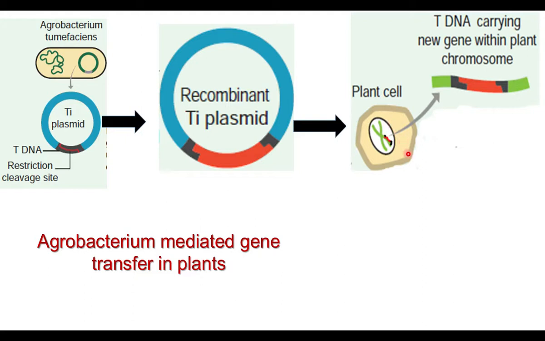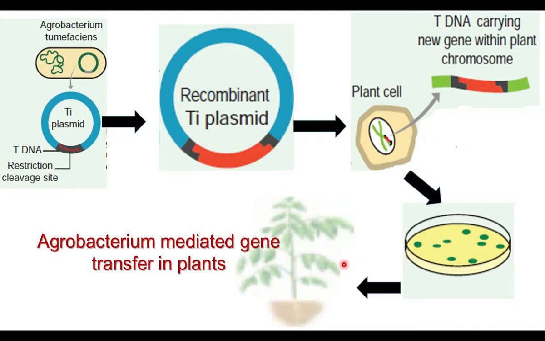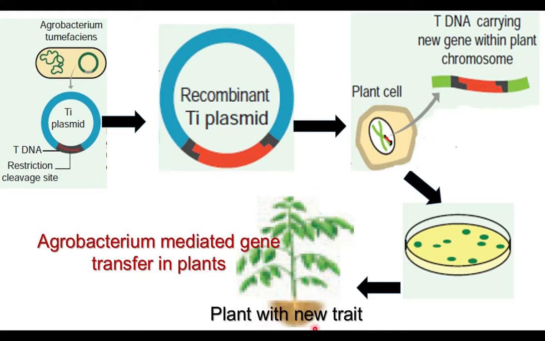The cells are cultured or incubated in a plant tissue culture medium that results in the development of a plant with the foreign gene. This plant is a genetically modified plant. The plant has new traits, new characters. In this way, Agrobacterium is used to mediate gene transfer in plants.